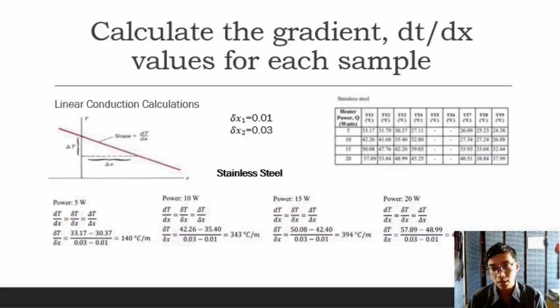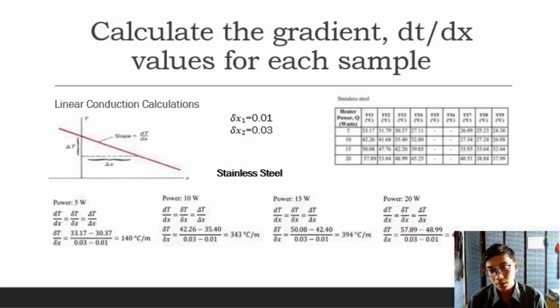So now I will continue 4.0, which is data analysis in part D and part E. First, how to calculate the gradient dT/dx values for each sample. As we mentioned for the linear conduction calculation, we need two points; we assume we take points 1, 2, 3.